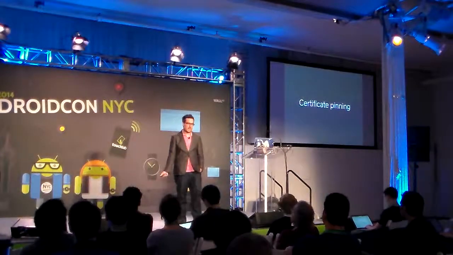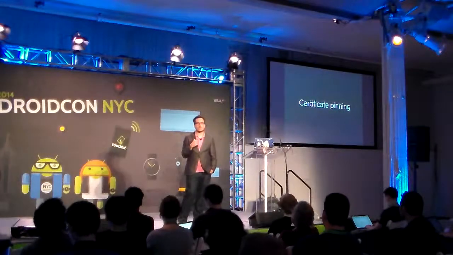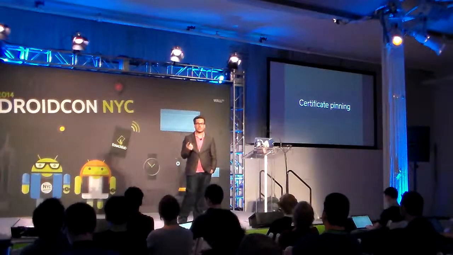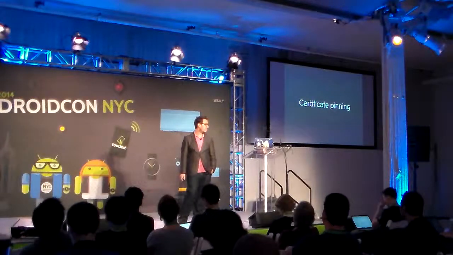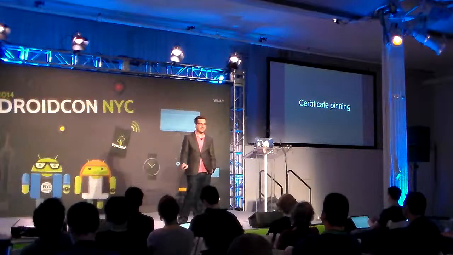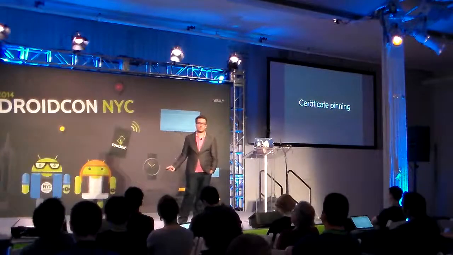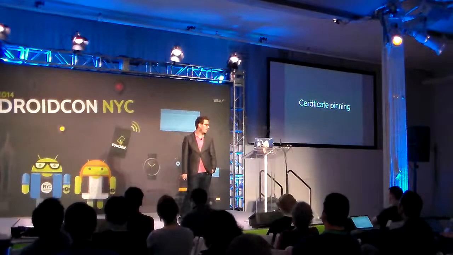What this does is instead of trusting VeriSign to say, yeah, the Square certificate is Square, you trust yourself. You generate a certificate, you sign it, and your device knows, I only talk to the Square certificate that I know is run by Square. It's a little bit of a hassle, but it's pretty much the only way to defeat the incompetence of the certificate authority system.